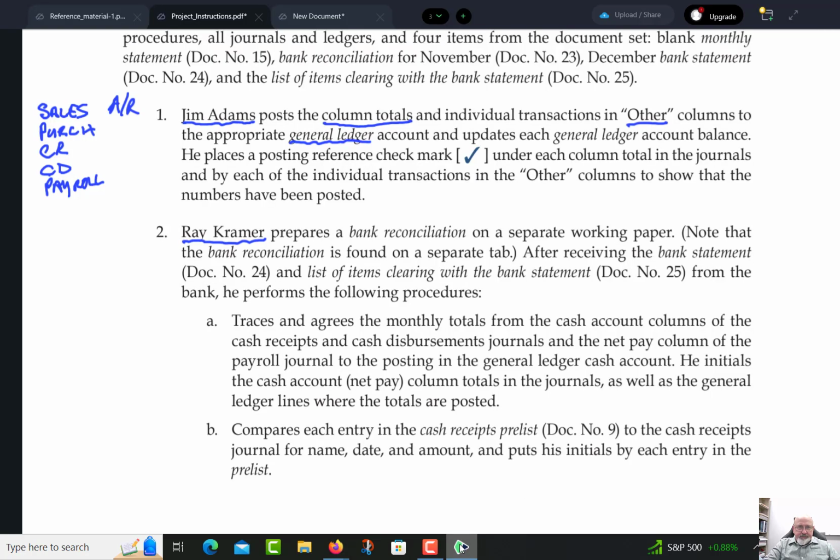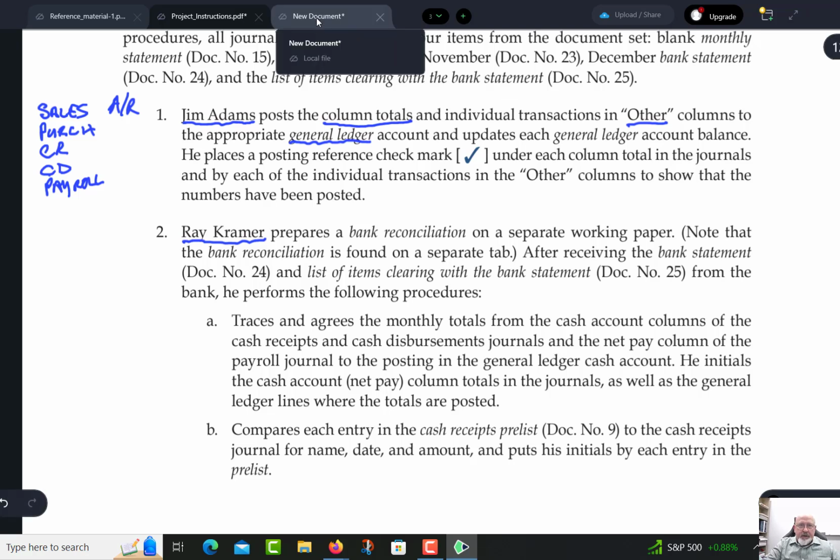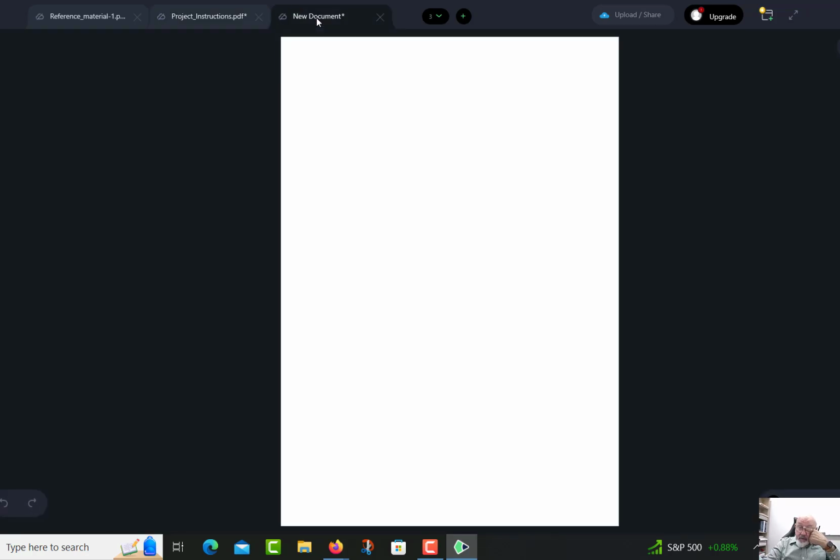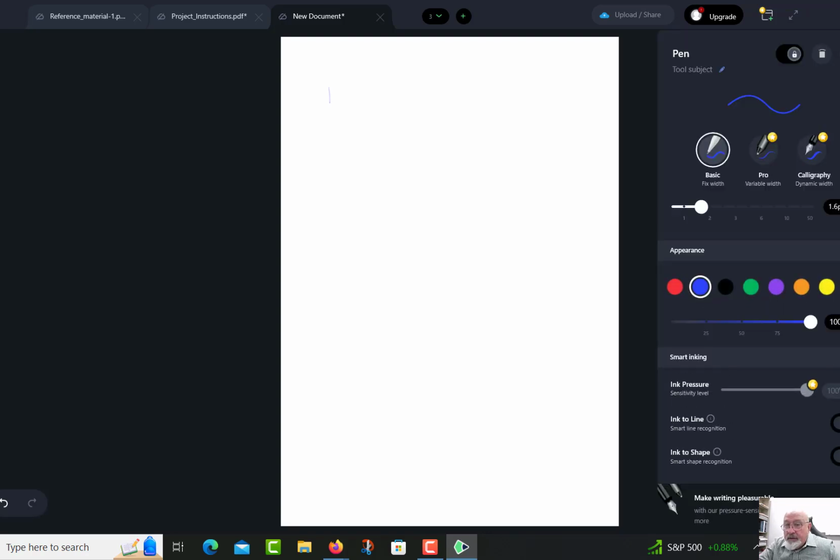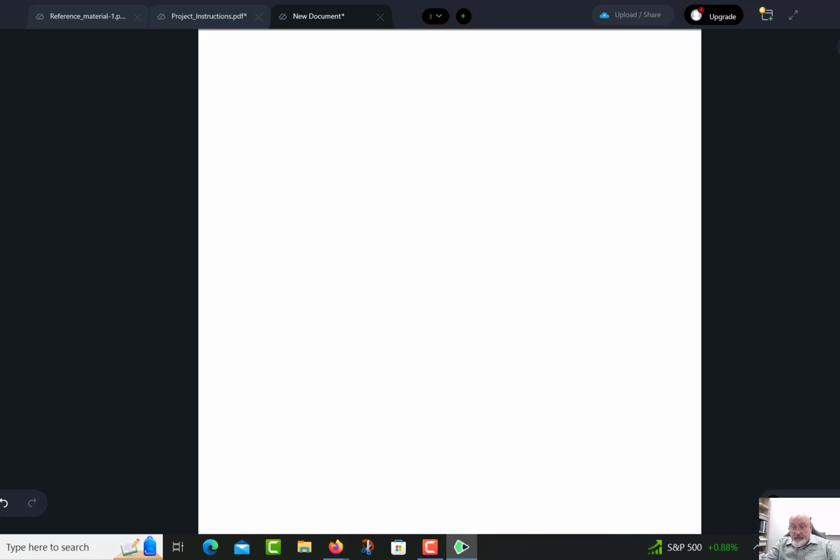So as you may recall, basically what we're going to do with the bank reconciliation, we're going to start with a bank balance. It's very small.